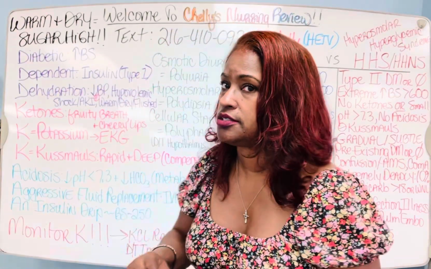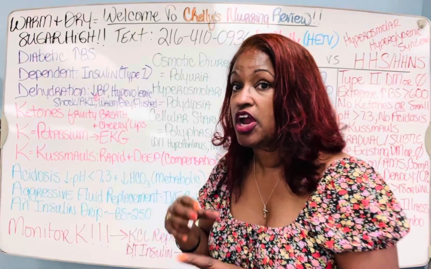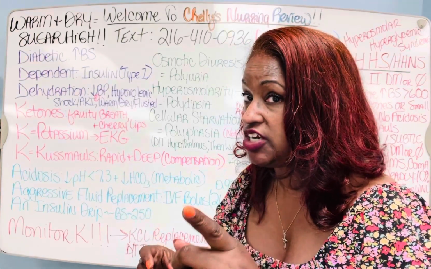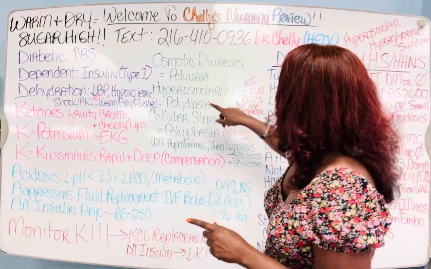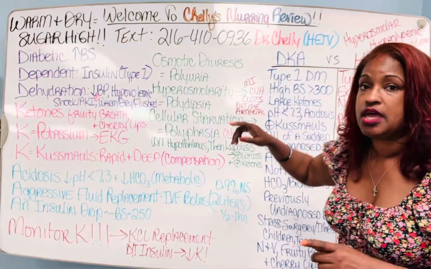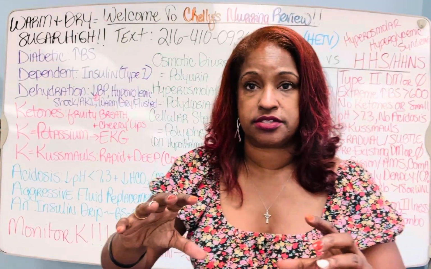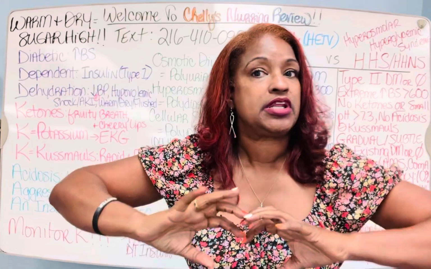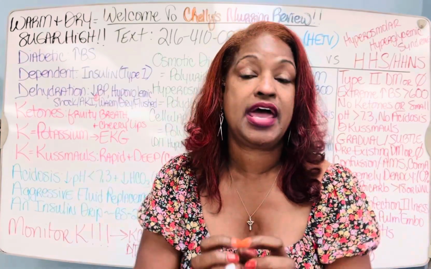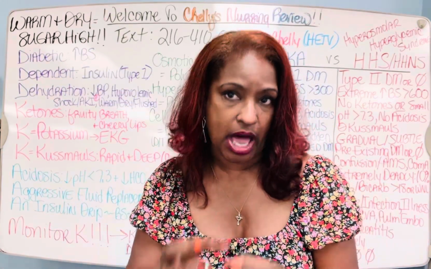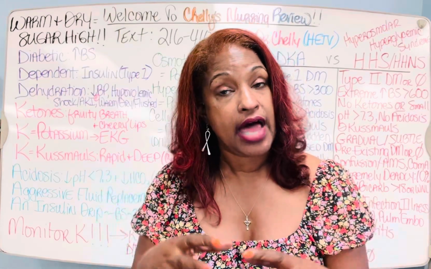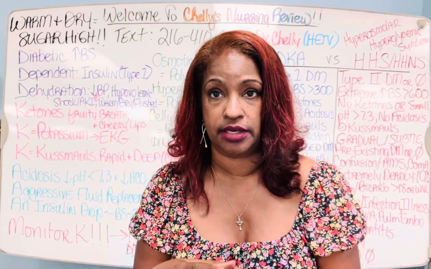And watch this. During the time that they're experiencing this HHS, they can throw clots, because we tell you like this: thick blood, concentrated blood, viscous blood clots very easily.